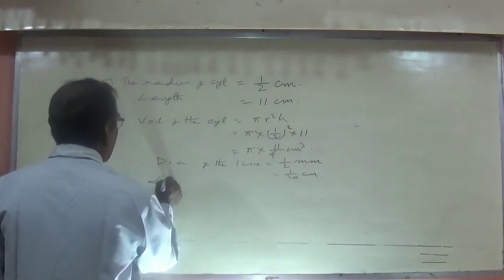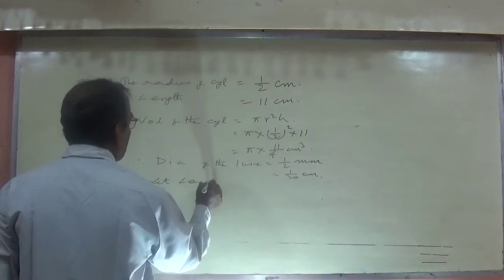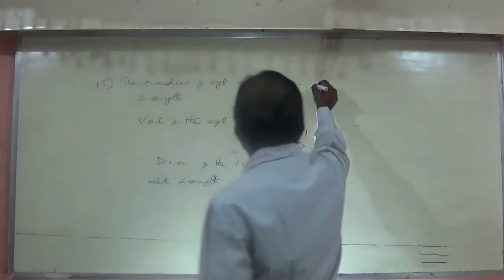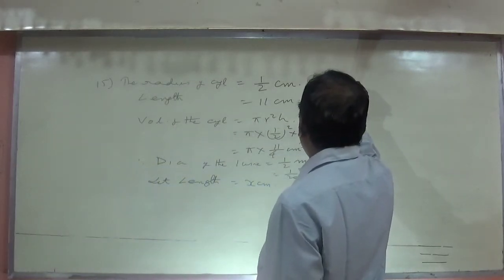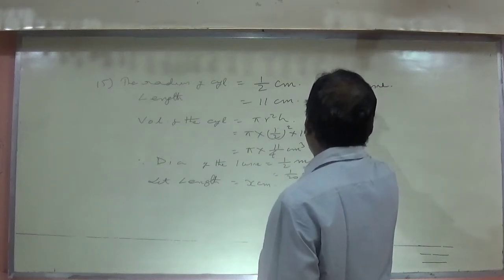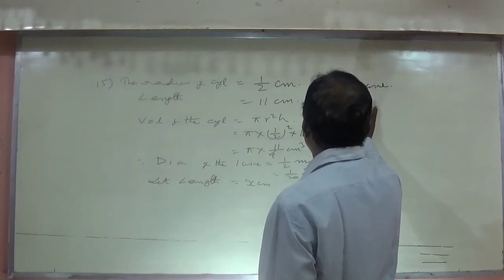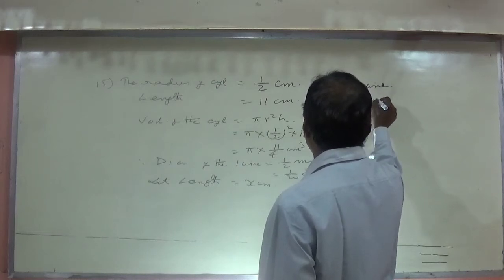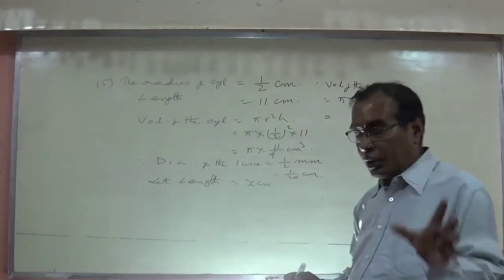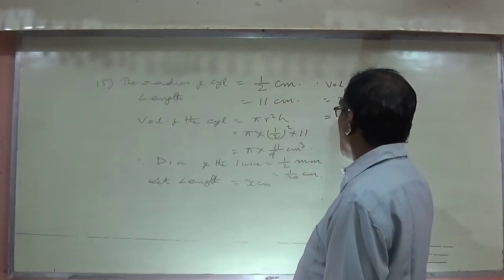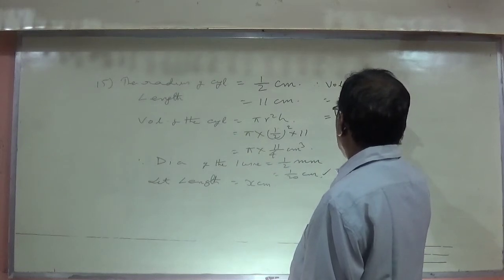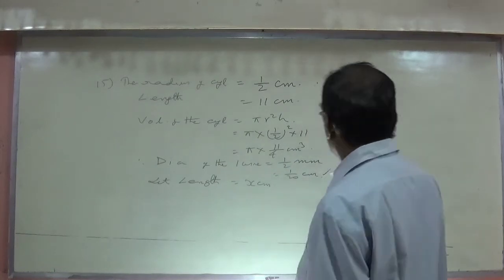Let us suppose the length is x centimeter. Therefore volume of the wire is pi r square h, as the wire is also in the shape of a cylinder, which is pi into 1 by 20 square into x centimeter cube.